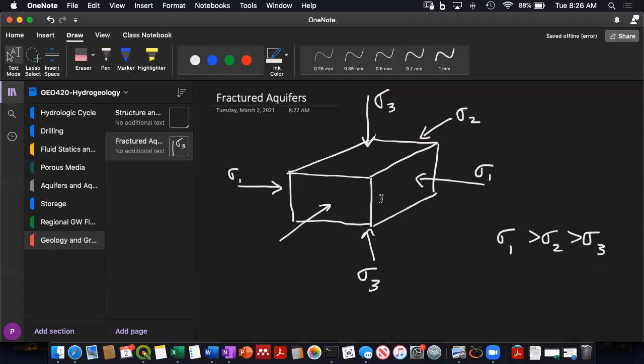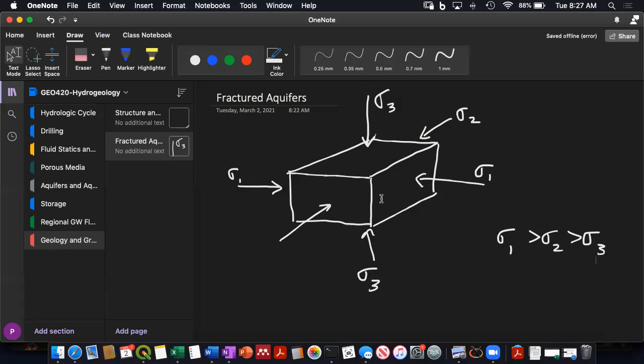My main takeaway here is that at any point in space in a rock, we can figure out what's called the stress orientation, and that tells us where the biggest compressive and extensive stresses are.